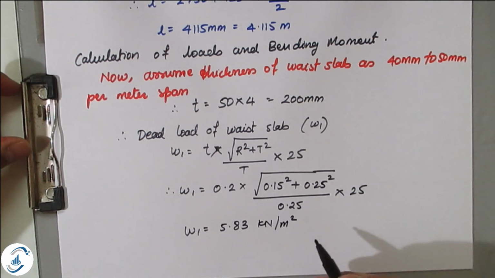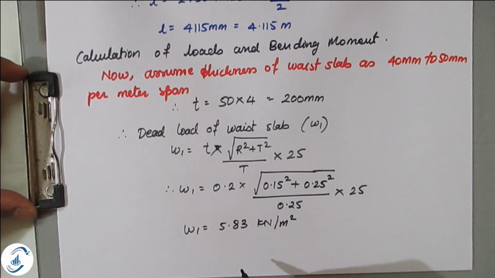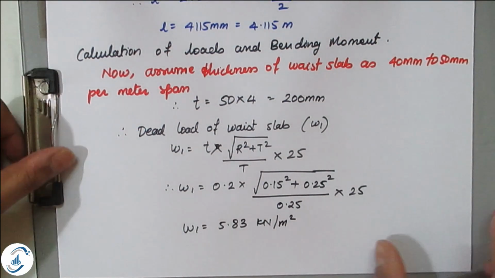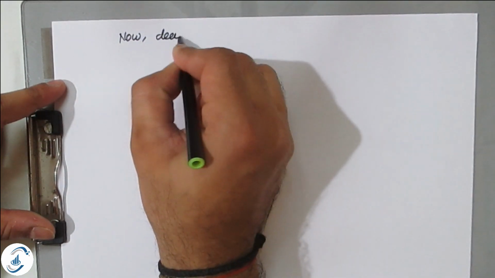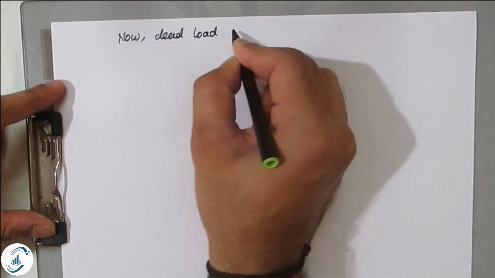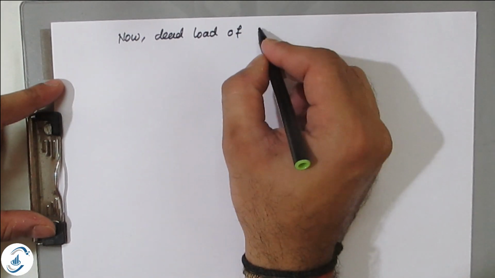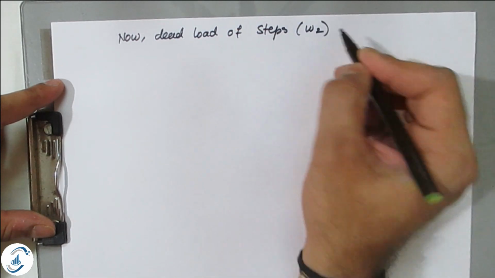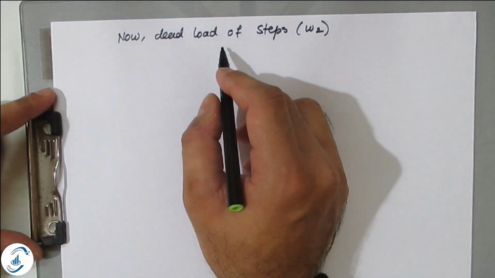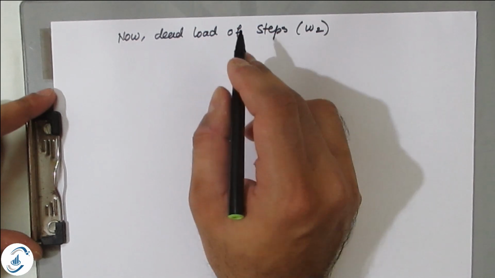Now once you calculate the dead load of waste slab, then you have to calculate the dead load of the steps, which we will denote as W2. W1 was the dead load of waste slab, W2 is the dead load of steps.